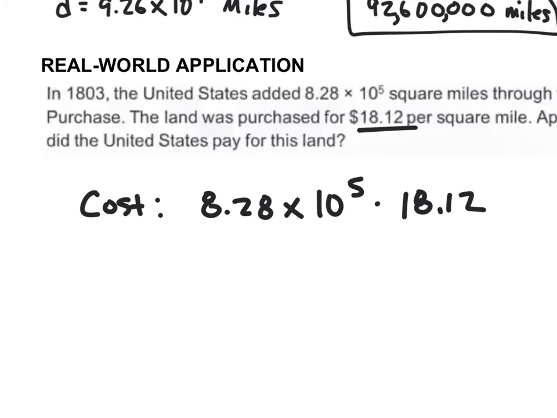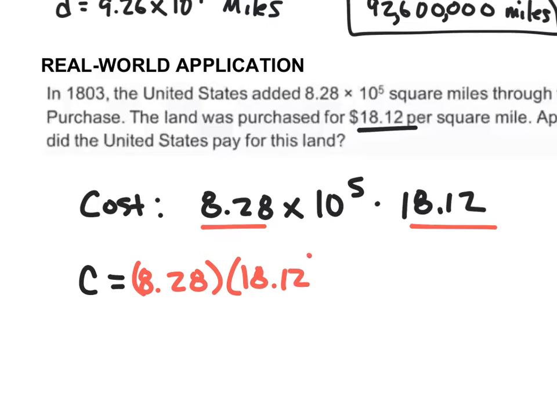Okay, so again, when I'm multiplying numbers, I can reorder these and do whatever I want. So I'm going to take these two numbers here and multiply them together. All right, so my cost C is equal to 8.28 then times 18.12, and then we're going to multiply that by 10 to the 5th power, okay?